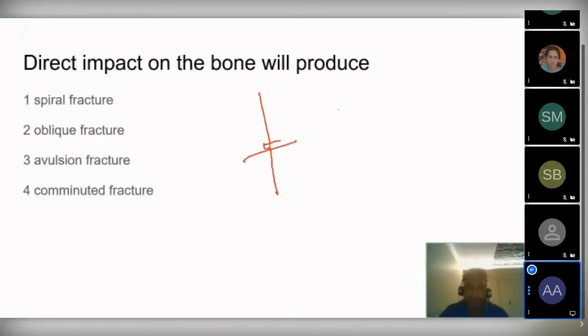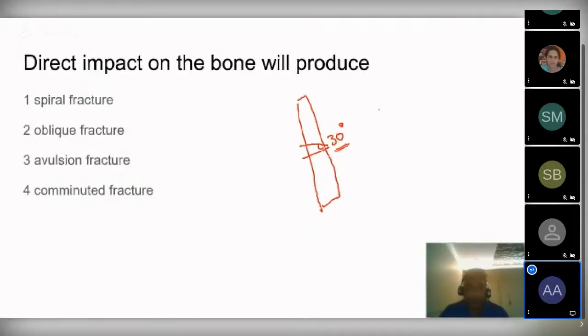So one thing you understand, transverse fracture means the angle formed by a fracture to the long axis of the bone is less than 30 degrees. Please remember this.